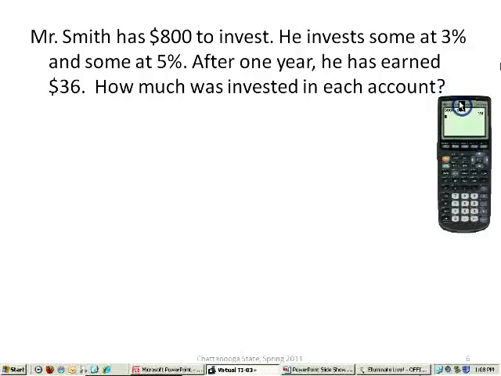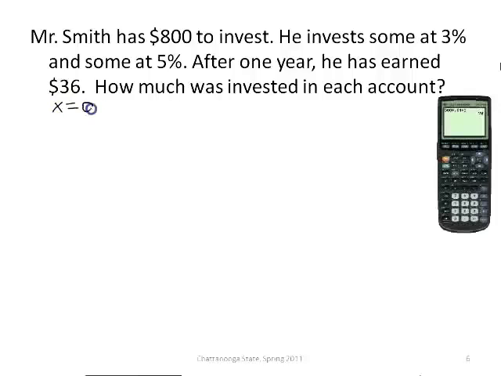Here we have Mr. Smith, and he's got a little more money. He's got $800. He's going to invest some at 3% and some at 5%. So let's say he puts X amount in the 3% account.